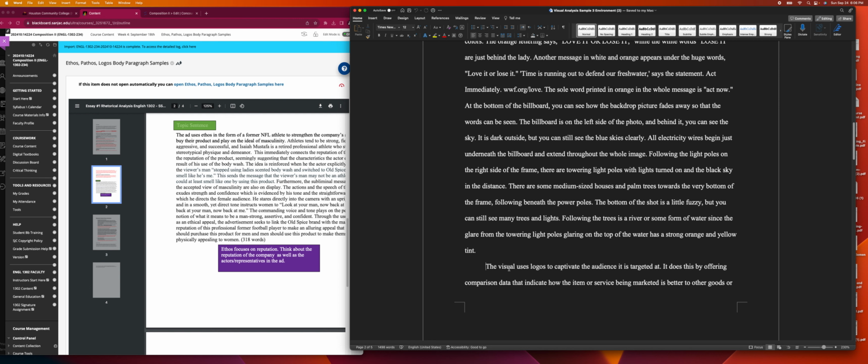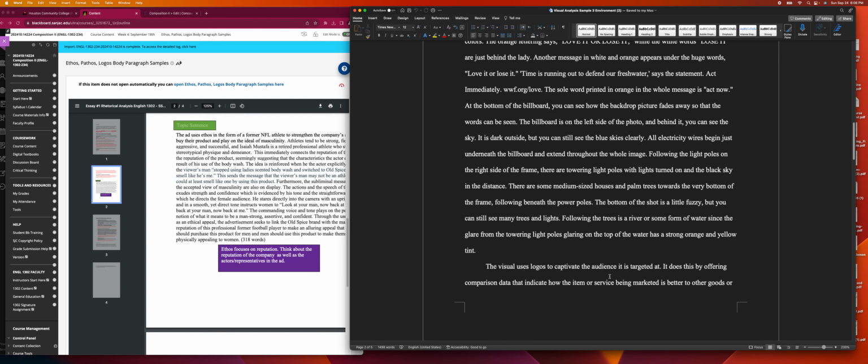What I should see is a paragraph on audience and only audience. The length of the paragraph does not matter, right? But I should have one paragraph that solely focuses on who this student believes the audience for this visual is.